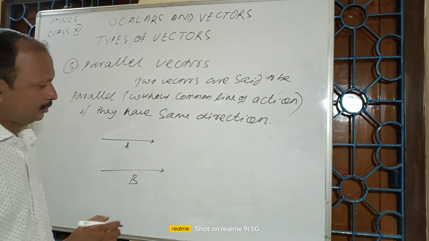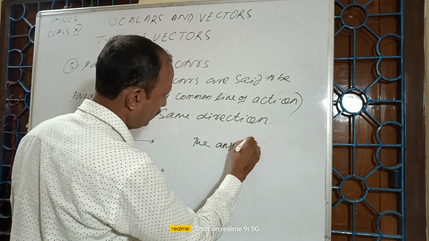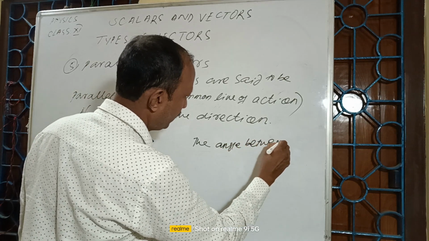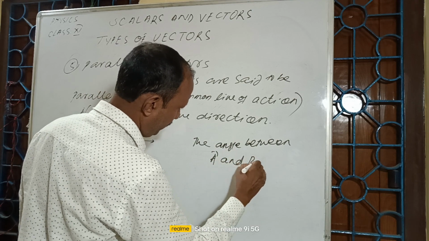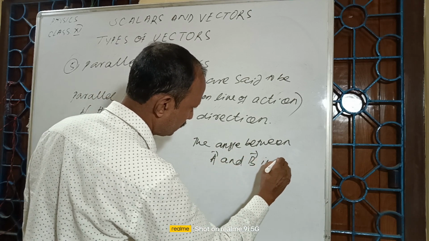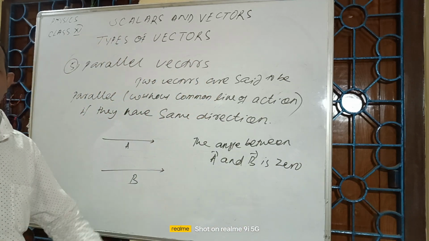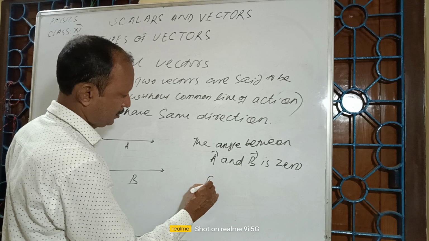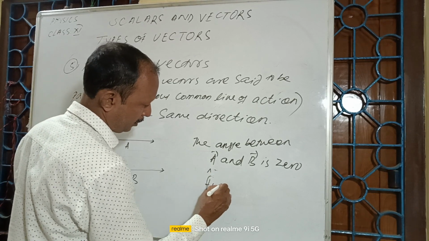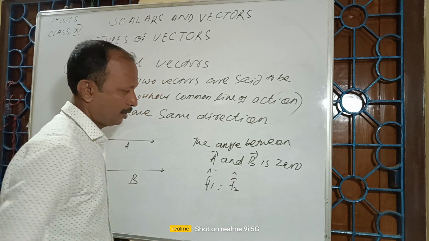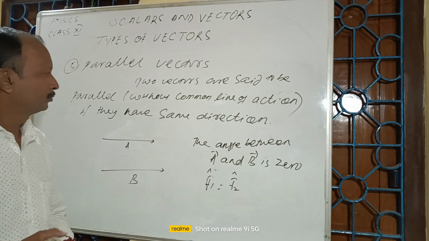I can say that the angle between A and B vector is 0. Only the direction is the same, like this, F1 cap is equal to F2 cap. This is said to be parallel vectors.